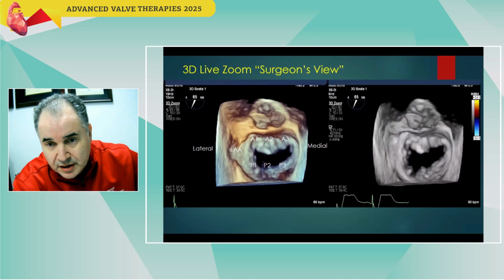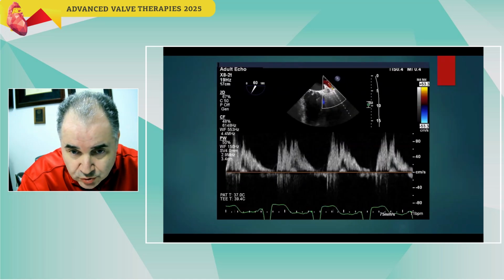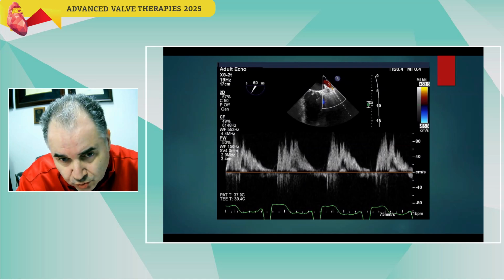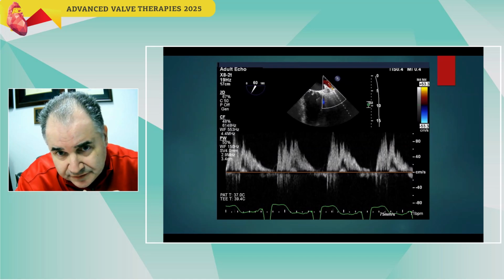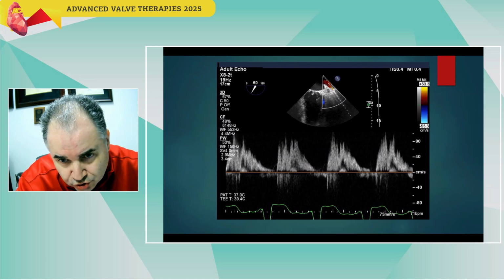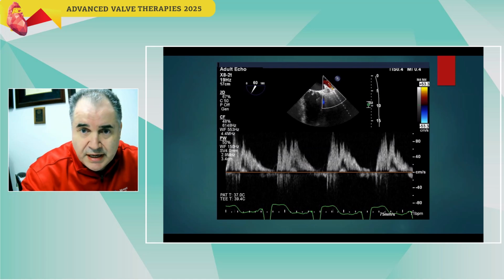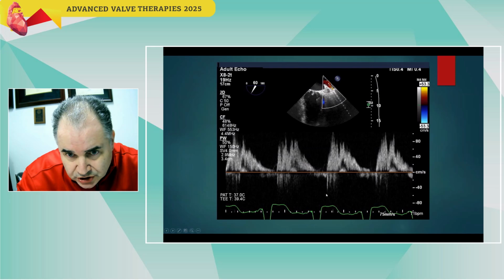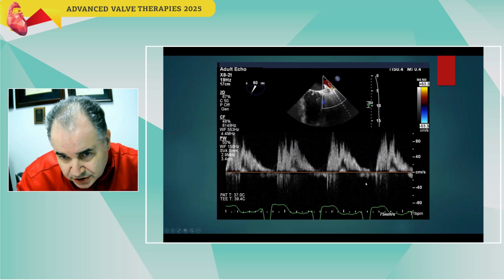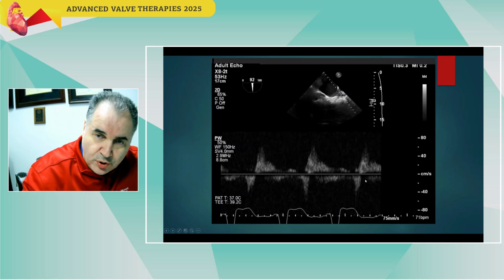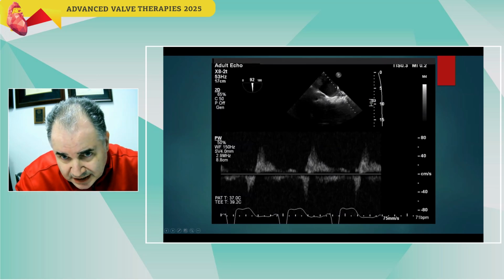Another thing that we take into account is we see the pulmonary veins, because you always have to get more objective evidence before the procedure, but also after the procedure. This is the left upper pulmonary vein, and you can see the flow is normal. This is the systolic, this is diastolic, this is the A wave, but also you have to see all the pulmonary veins. This is the right upper pulmonary vein.